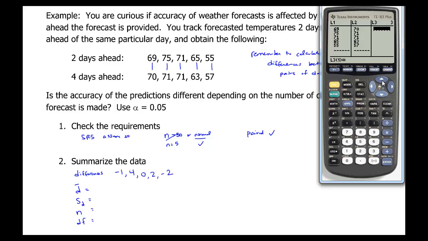And then we can go over to list 3 and say that list 3 equals list 1 minus list 2. And there's our differences.